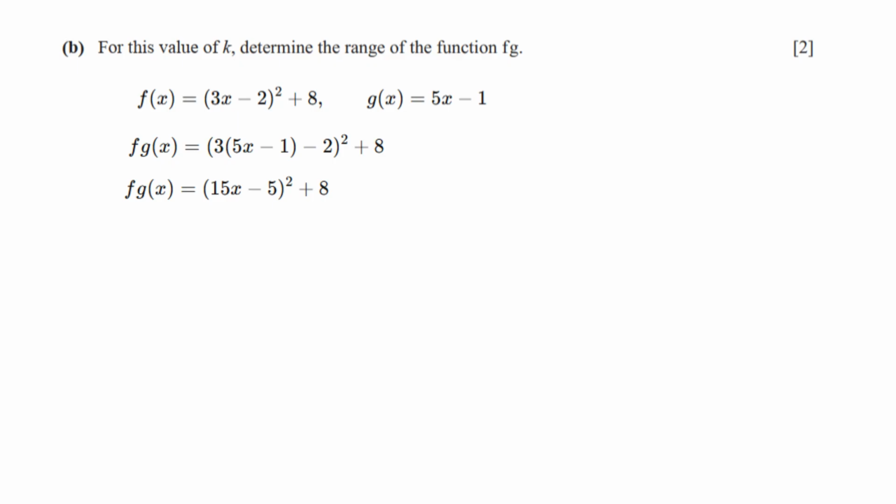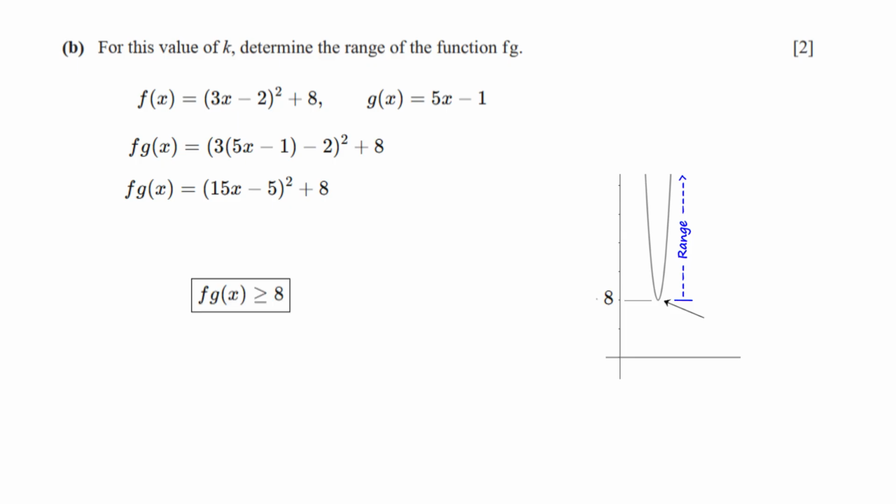Okay, so we'll get a curve like this, and this will be the minimum point. So this will be the range. So the range here, the y coordinate is 8. So the range will be fg of x greater than or equal to 8.